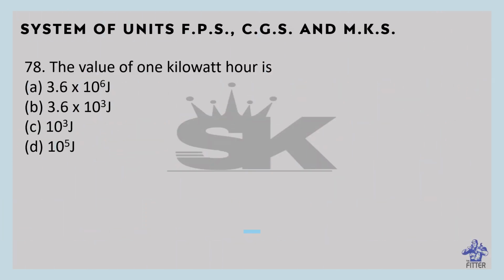The value of 1 kilowatt hour is 3.6 into 10 to the power of 6 joules. Let's describe everything. 1 kilowatt hour equals 1000 joule per second, because we are converting kilowatt into joule per second. Kilo means 1000, right?